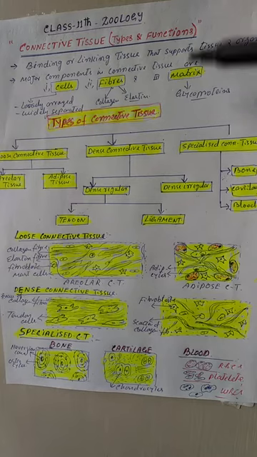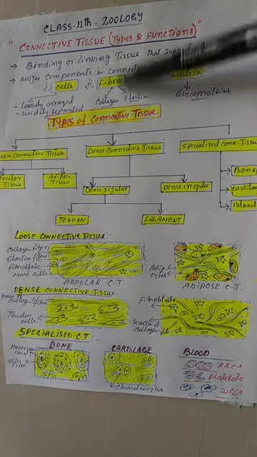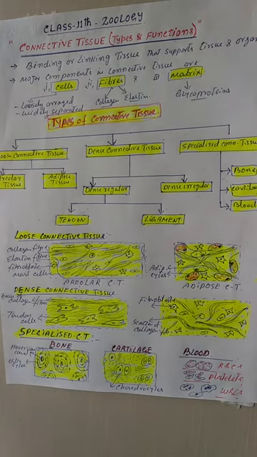The major components in a connective tissue are the cells, fibers, and the matrix. The cells are loosely arranged or widely separated from each other by extracellular material called matrix secreted by the cells.